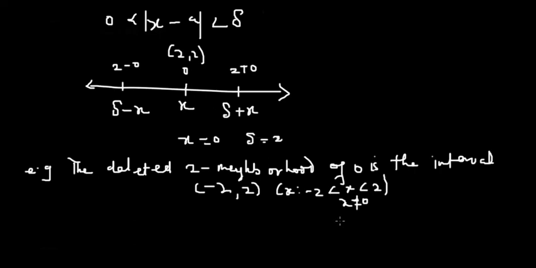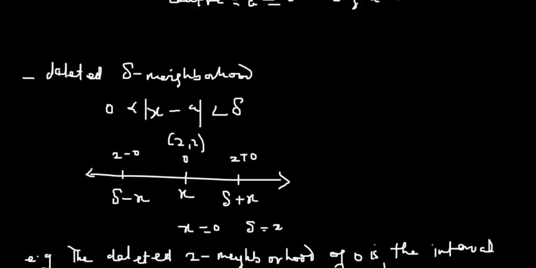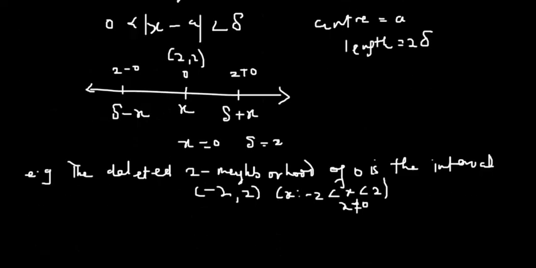So all you have to do is just find out what our center and then what the length. Note that for deleted delta neighborhood, the center is similar to that for the delta neighborhood. So center is a, and then you have the length. The length will be equal to 2 times the delta, okay? So let's proceed from there.